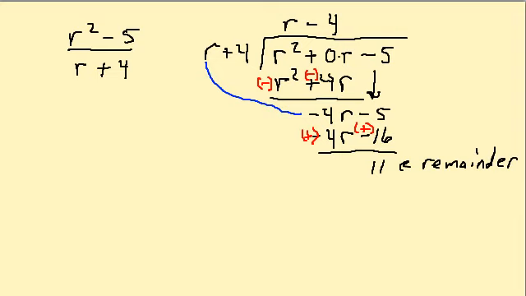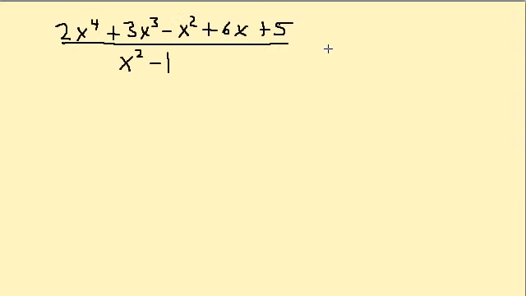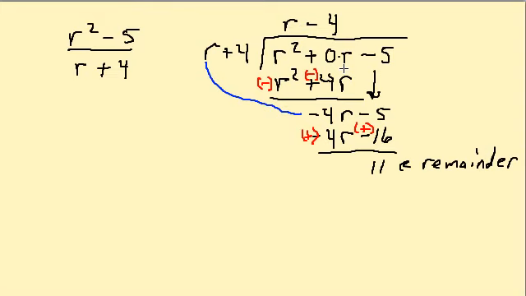Alright, let's take a look at one more. Now notice here my exponents are correct. I have a 4, 3, 2, 1, because if it does have an exponent it's understood to be 1, and then my constant term. Here the x squared minus 1, I'm missing an x, so I'm going to do just like I did in this problem and add it in.